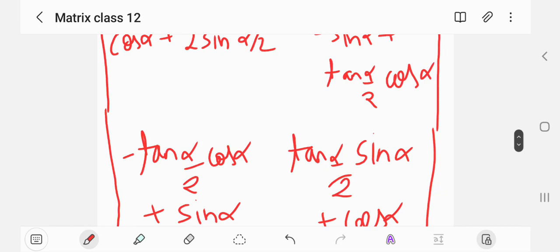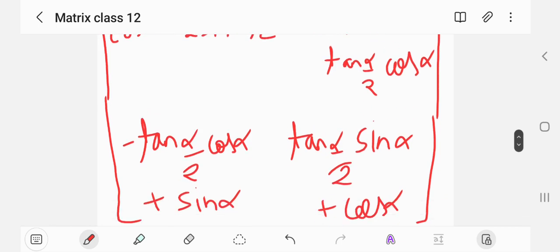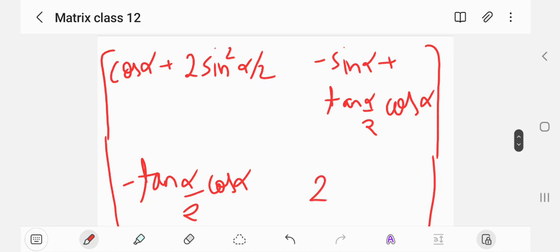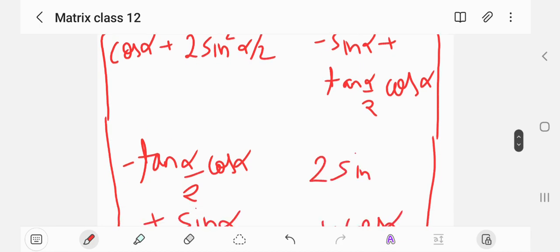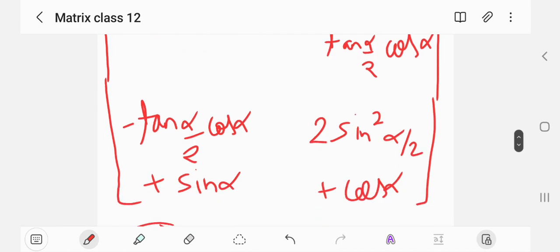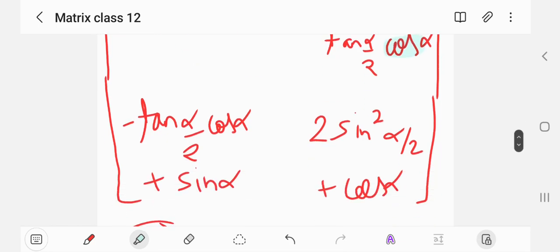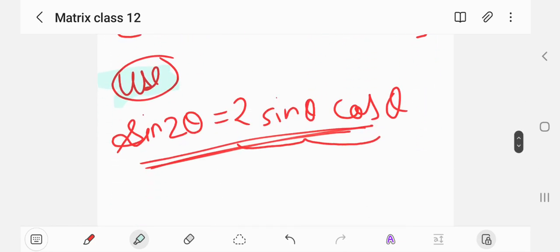Similarly, what will I get here? Here also it will change to 2 sin square alpha by 2, right? Now here I have cos. I think I need to change this cos as well. Let's see.